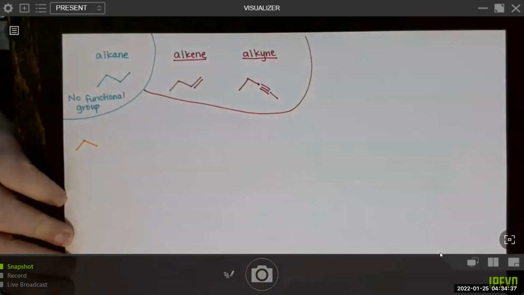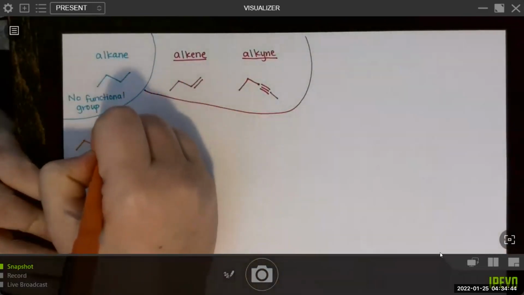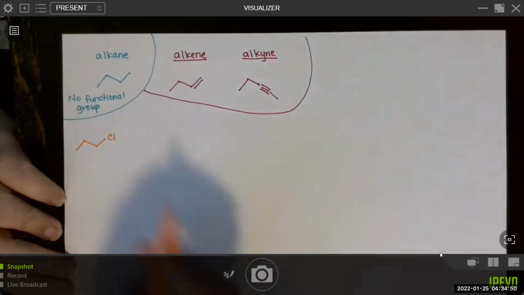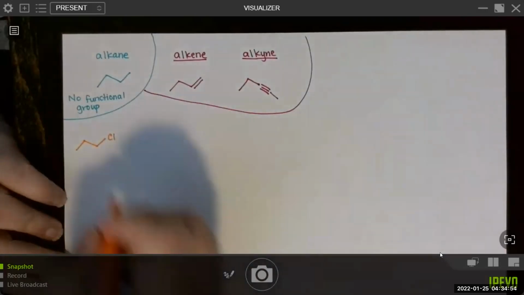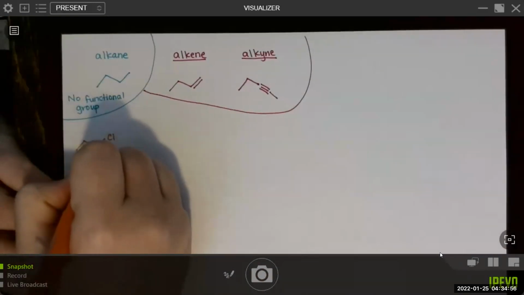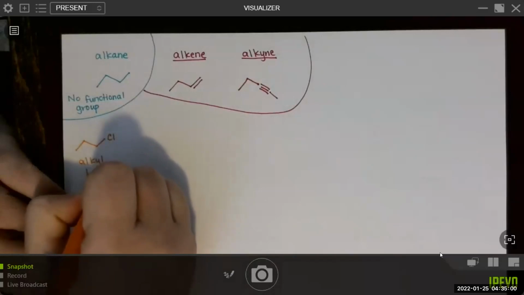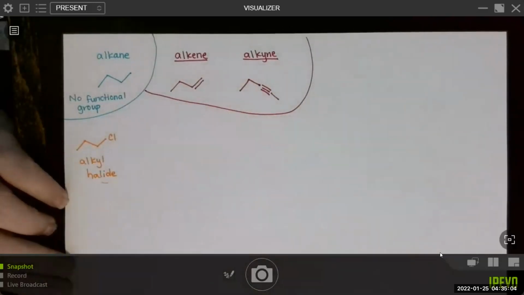So anytime you have a carbon attached to a halogen, and it could be a chlorine, a bromine, fluorine, iodine, any of the halogens, then we're going to call this an alkyl halide. We're being very specific here because it could be any halogen.